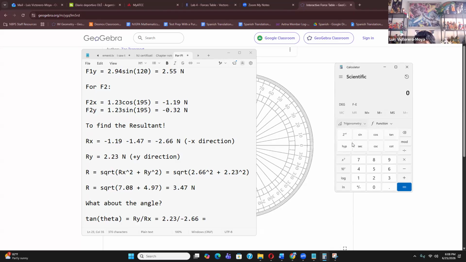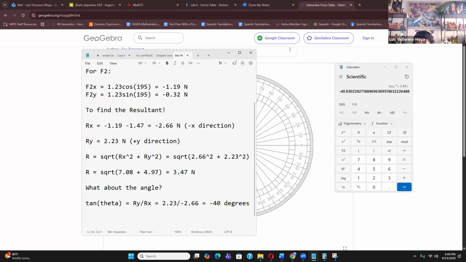So we have to do the tangent inverse. About 40 degrees. Well, negative 40 degrees. And if you think about it, 360 minus 40, that's 320 degrees. All right.